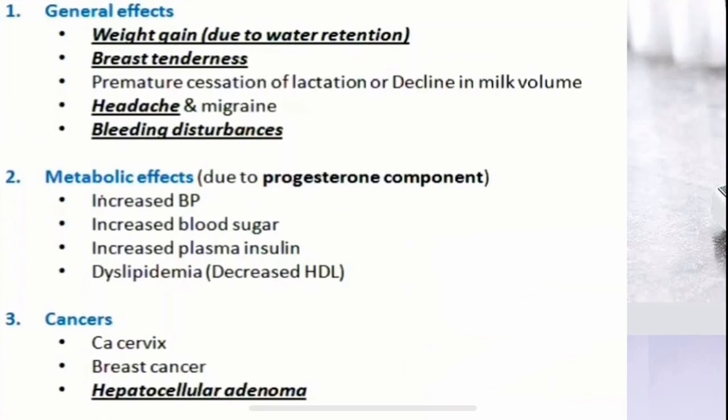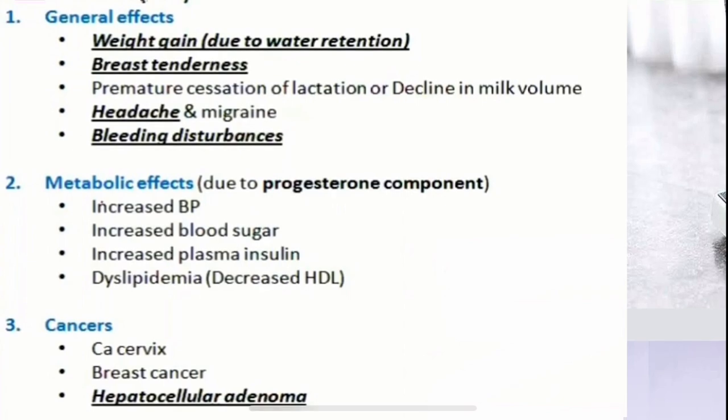So you have to remember it in a logical way. Don't just memorize each of them by heart. Metabolic effect, what happens in the body? There will be an elevation of the blood pressure. There is alteration in the lipids, with high density lipoproteins coming down.